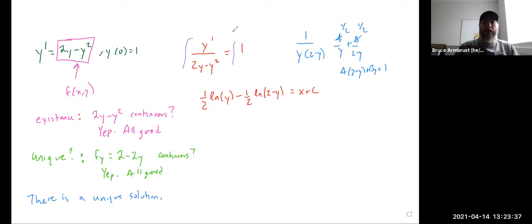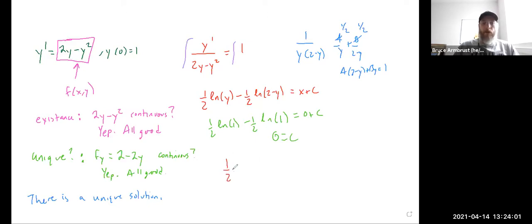So now let's get our initial condition by plugging in our point. So y of 0 equals 1. So we're going to get 1/2 natural log of 1 minus 1/2 natural log of 1 equals 0 plus c. Well, the natural logs of 1 are zeros, so that gives us c equals 0.